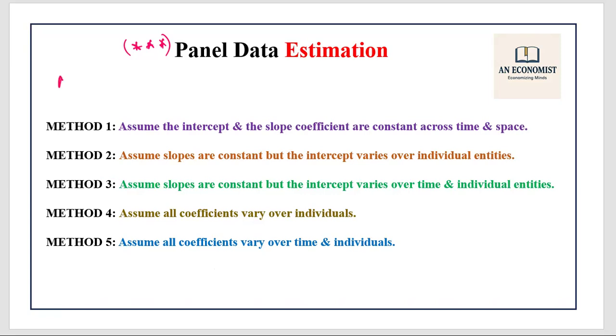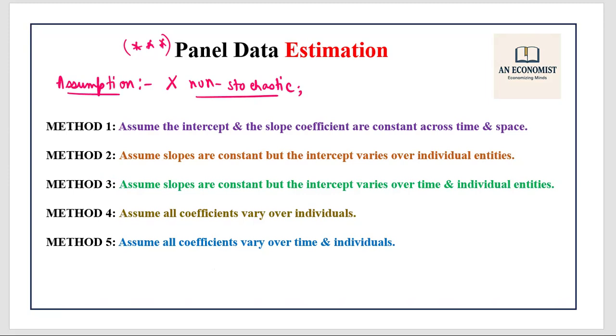Now, the first assumption here would be the general assumption for all these methods. All the explanatory variables that you will use, X, basically X is the explanatory variable, will be non-stochastic in nature. I hope by this time you know what is non-stochastic.